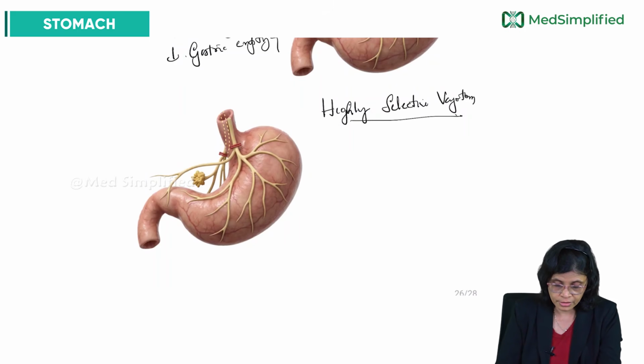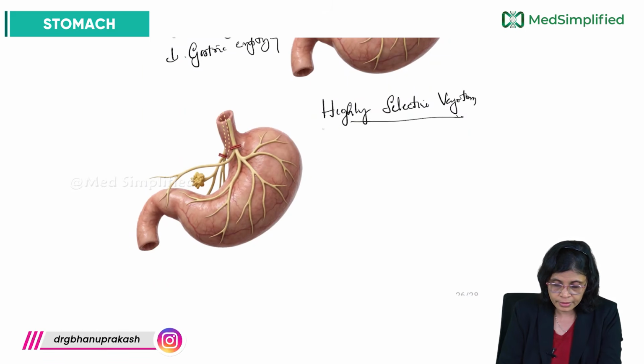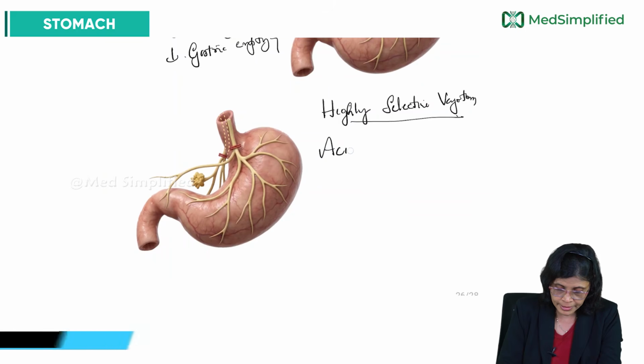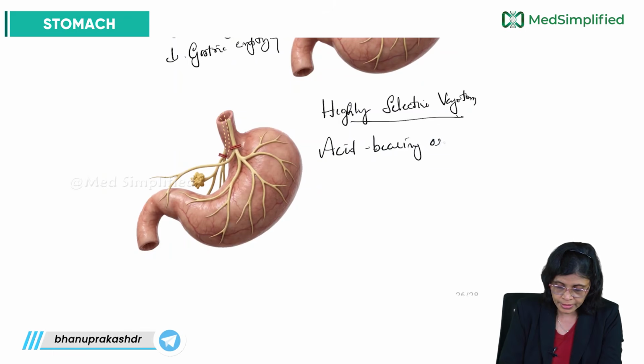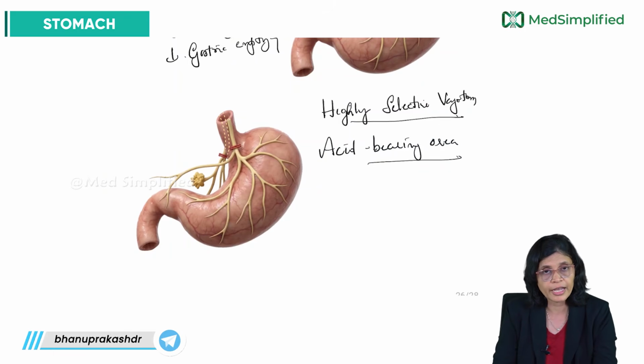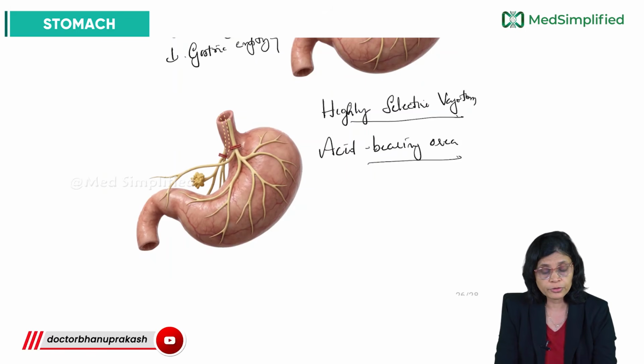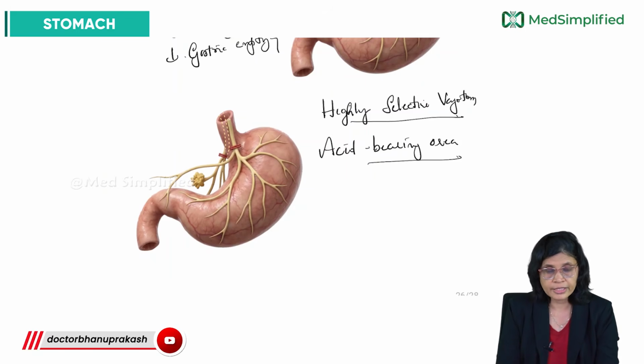Here we denervate or section only those branches which are supplying the acid bearing area. Now see, this vagotomy surgery is done for gastric ulcers, and gastric ulcers are mainly due to increased HCl, right? So vagotomy is mainly performed to reduce the production of hydrochloric acid from the parietal cells. So that is why we do this surgery.